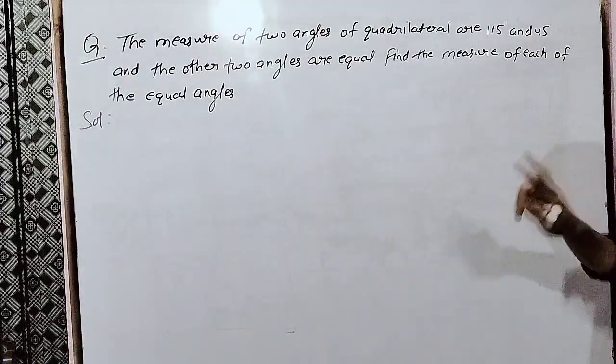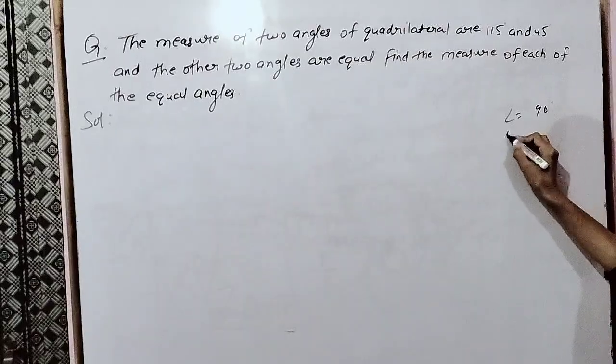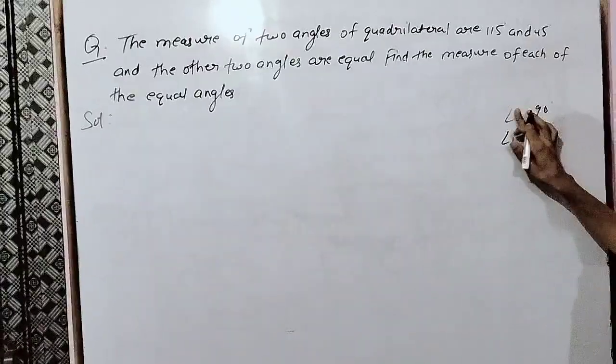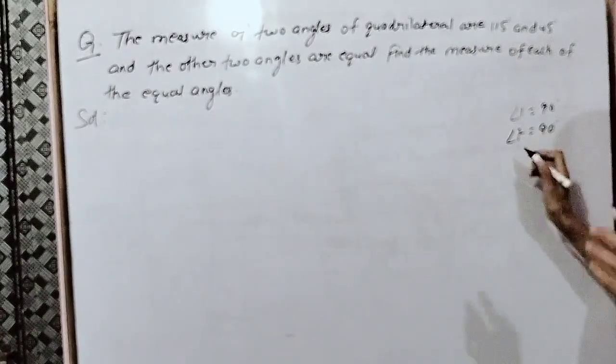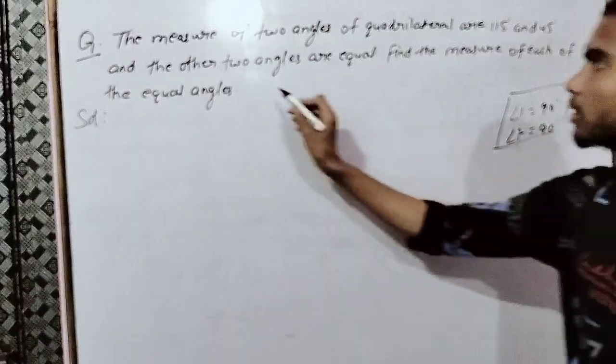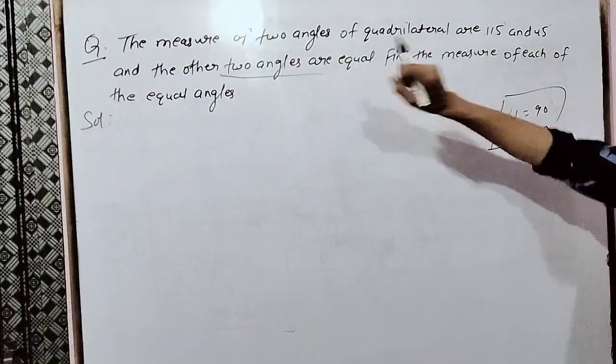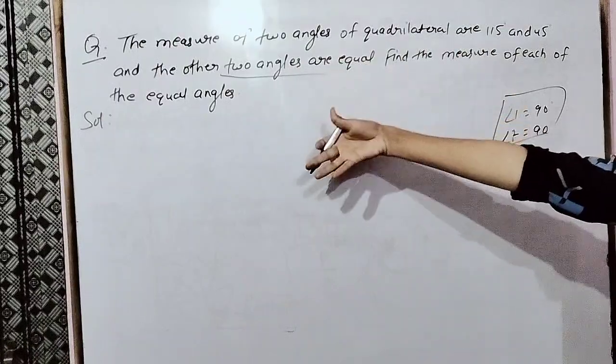Remember, if one angle is something, let us say 90 degrees, then the second angle would be the same, 90 degrees. This is the meaning of the phrase: two angles are equal.